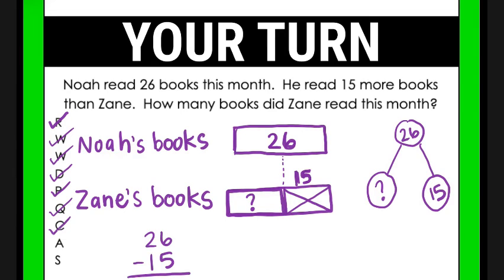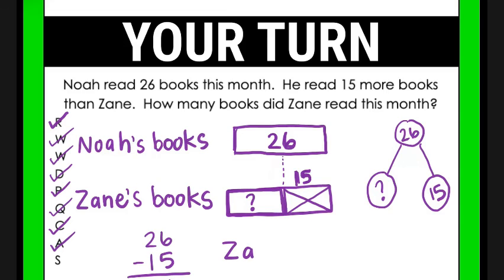Now let's solve our problem. 6 minus 5 is 1. 2 minus 1 is 1, so we have our answer. Our answer is 11. Now let's write our sentence. How many books did Zane read this month?